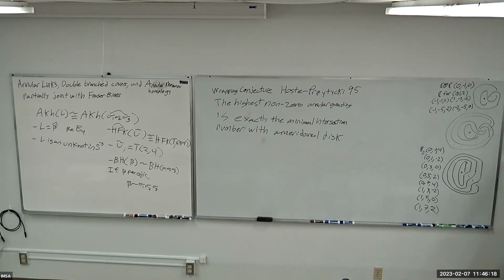And again, because it might be helpful to think via analogy if you're more comfortable with Heegaard Floer homology, you should think about this as like the fact that the highest non-zero Alexander grading tells you the genus of your knot. Or, in link homology, it's like telling you a Thurston norm for embedded surfaces.